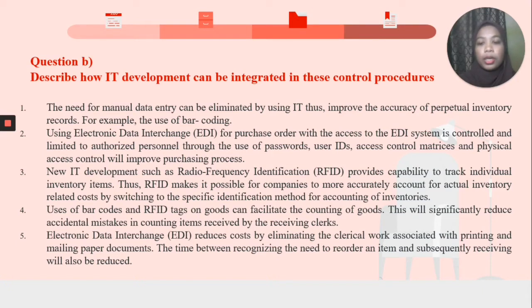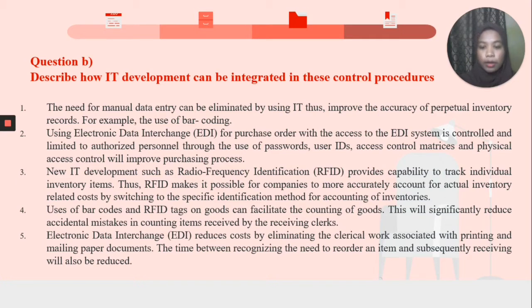Using electronic data interchange (EDI) for purchase orders, with access to the EDI system controlled and limited to authorized personnel through the use of passwords, user IDs, access control matrices, and physical access control, will improve the purchasing process.